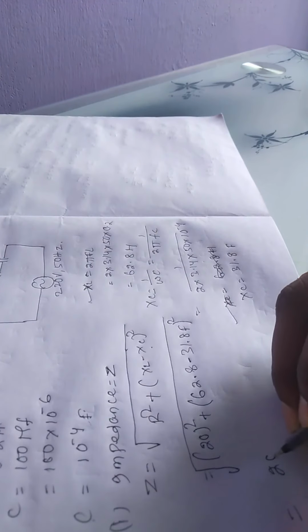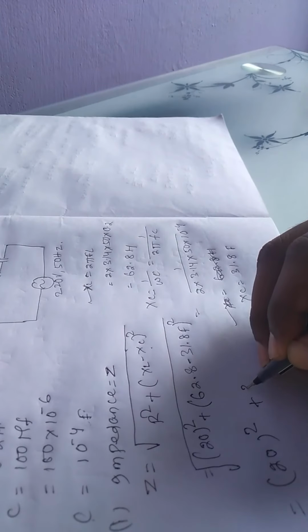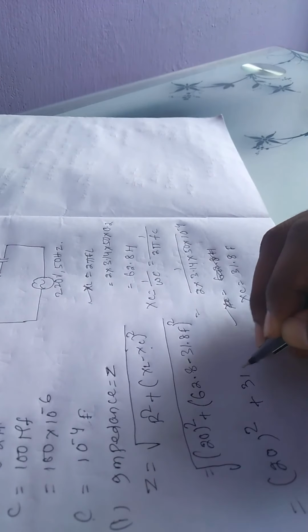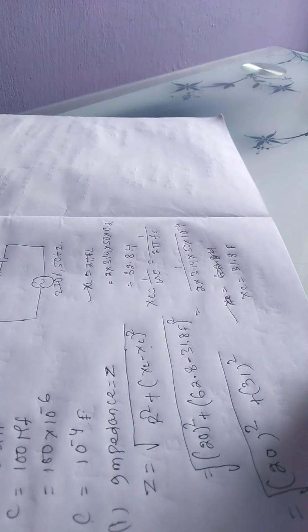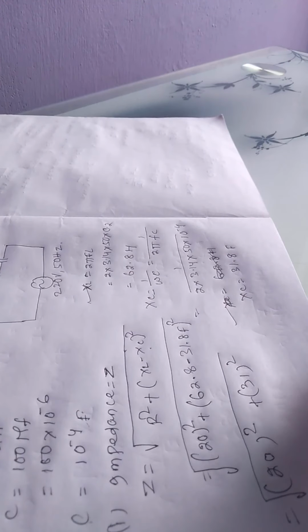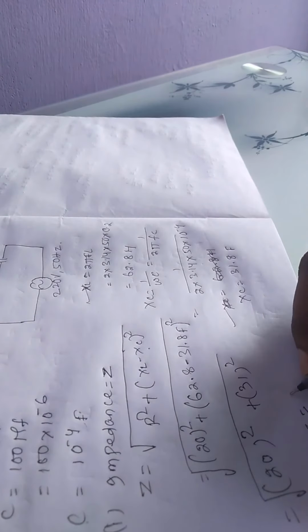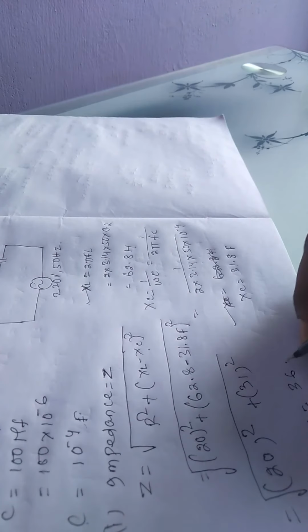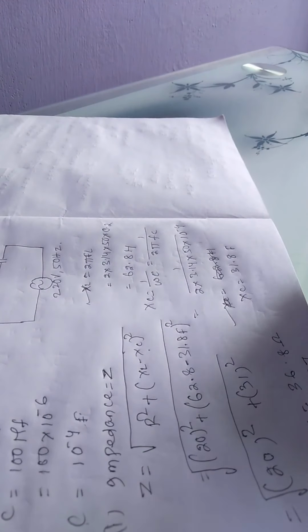So 20 square plus 31 square. Then the impedance will be Z equals 36.8 ohm, which is near about 37 ohm.